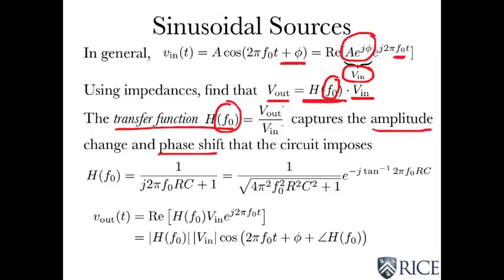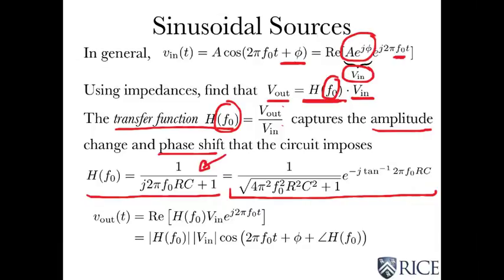So here's what's going on. We found using impedances that that's the transfer function in Cartesian form, and as we've seen, it's much easier to deal with mathematically if we convert that to polar form. This is routinely what we do for any circuit. We use the impedances, we're going to wind up with a result in Cartesian form.